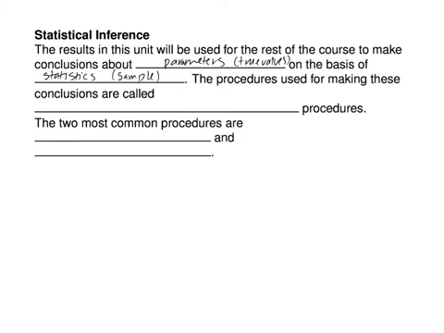And the procedures that are used for making these conclusions are called statistical inference procedures. As in, you're going to infer that, oh, this statistic is actually different than my parameter.